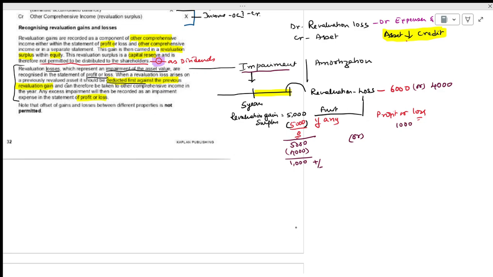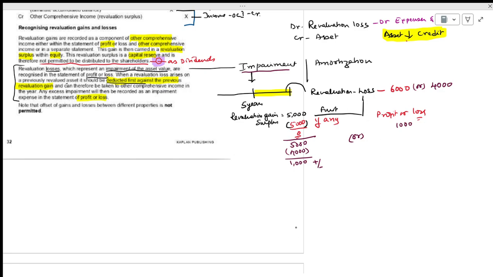The rule says that when a revaluation loss arises on a previously revalued asset, it will be deducted first against the previous revaluation gain and then be taken to OCI. Any excess impairment, this is very important, will be recorded as an impairment expense.